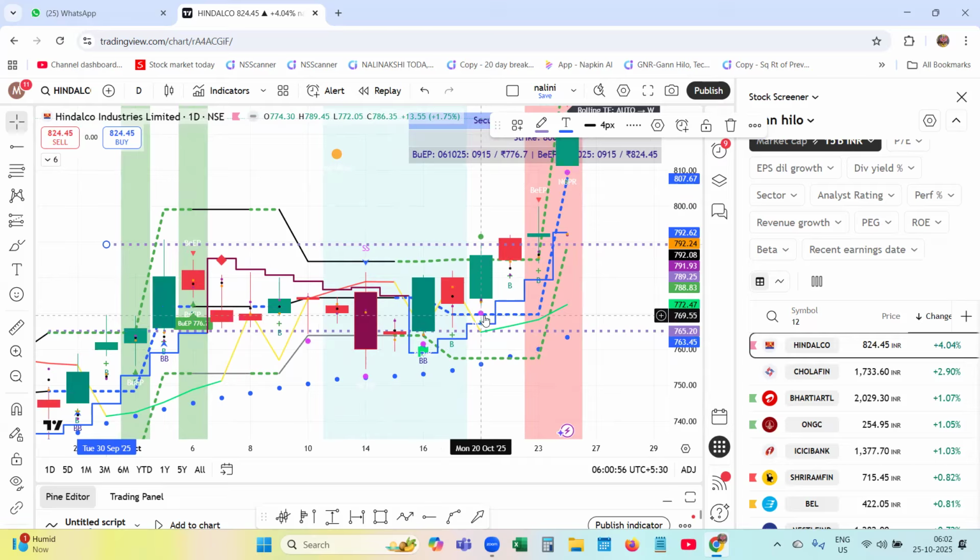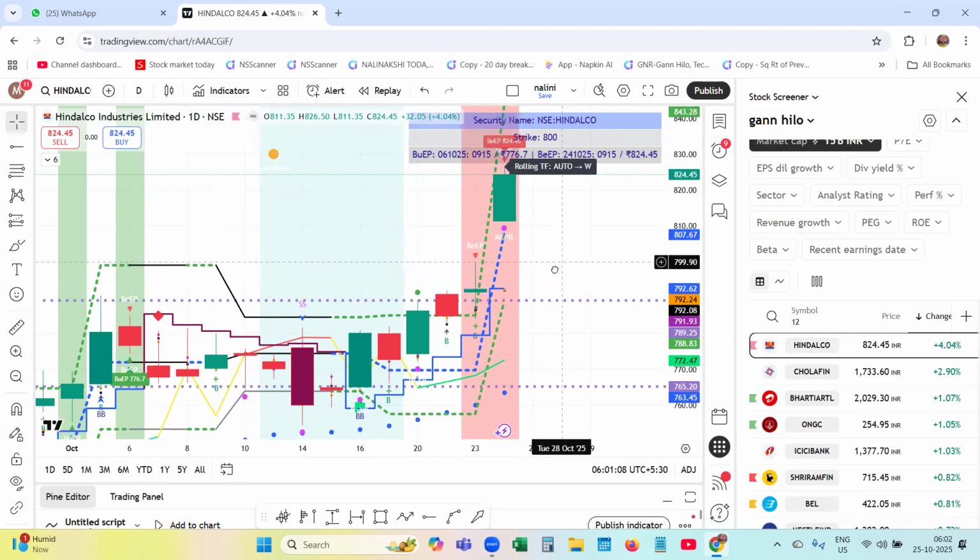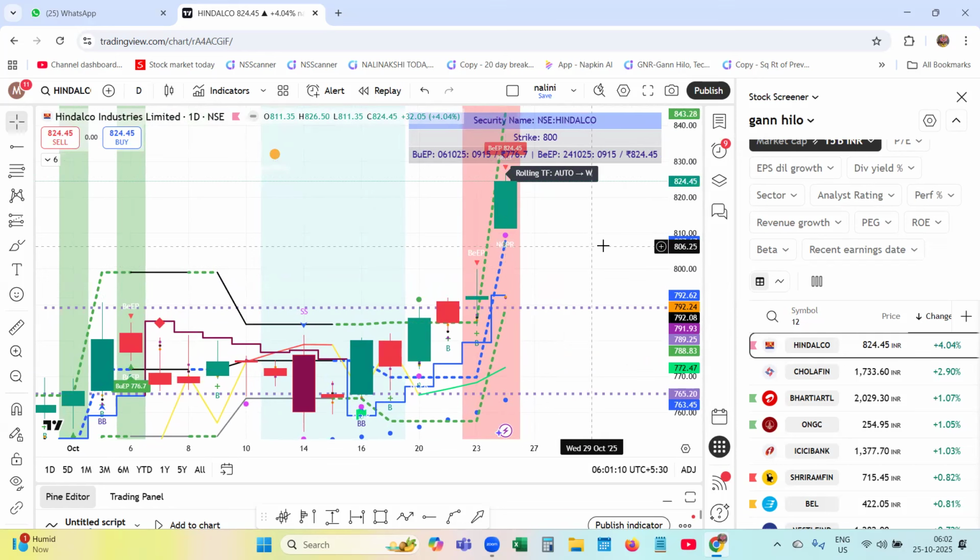For example, this is the buy episodic pivot. So you're considered to enter over here. Even so, it mentions the latest one it is showing, not the previous one. When the date has moved, it doesn't show that one.